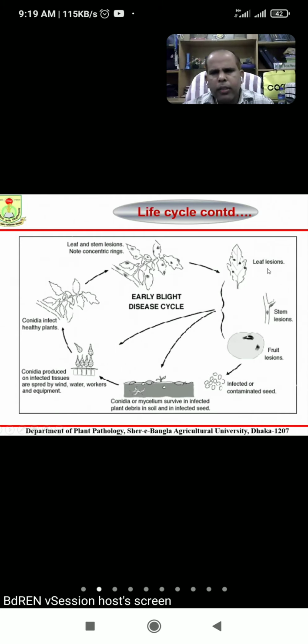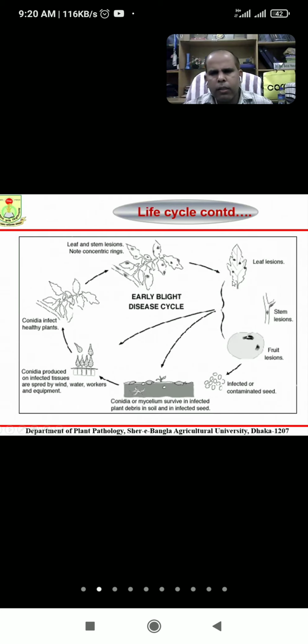And after that, as I told you, the symptom firstly appears very minute, I mean smaller. Then ultimately this symptom becomes enlarged, irregular or circular in shape, and within the spot there will be the concentric ring, and several spots close together to form the blighted area.